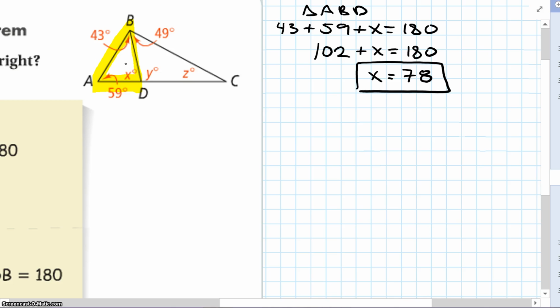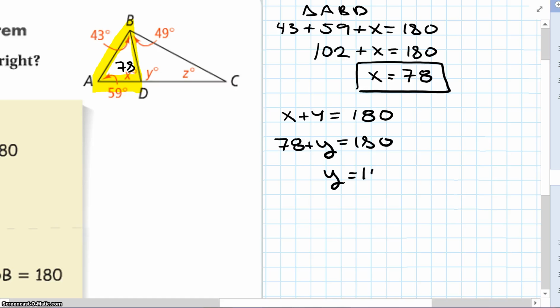So if I know x is 78, I know x and y are a linear pair, so their sum must equal 180. So 78 plus y equals 180. I can subtract 78 from each side, so I'm going to get y equals 102. All right.